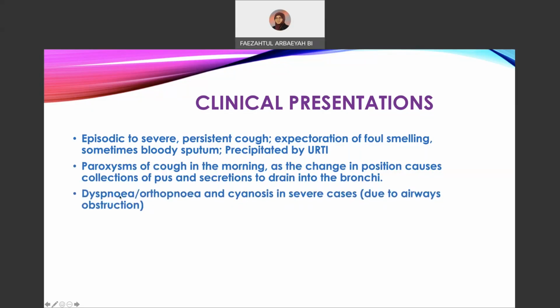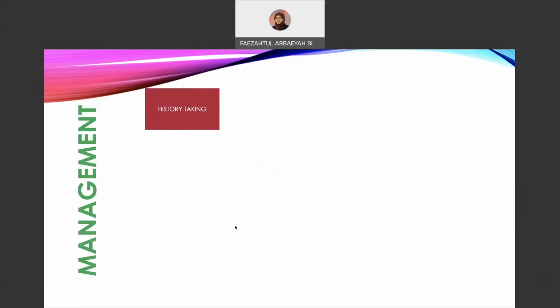The patient will come with shortness of breath or orthopnea, unable to lie flat, and cyanosis in severe cases. Patients can also present with hemoptysis, especially when there's erosion of the blood vessels, and fever because of the infection. Right, so management of this patient.